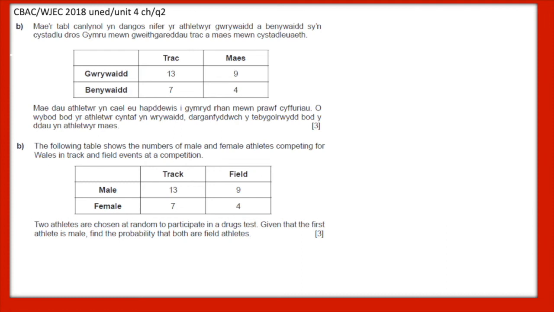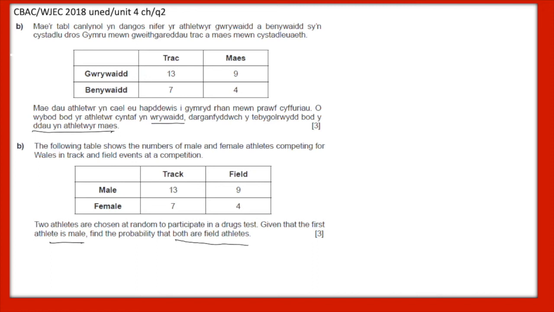Now, the important thing is that I want both athletes to be field athletes, but I'm given that the first athlete is a male. So the probability I want is nice and easy.